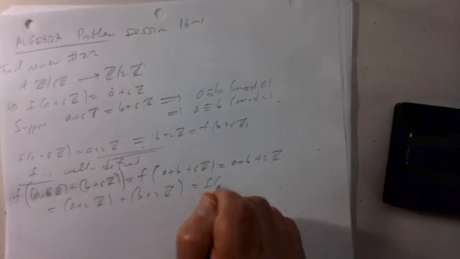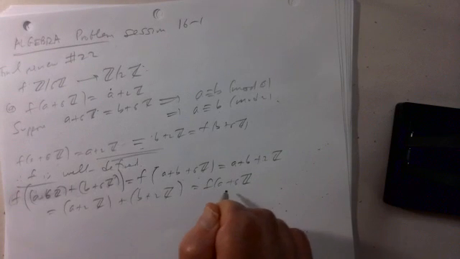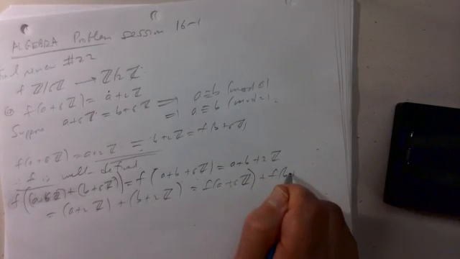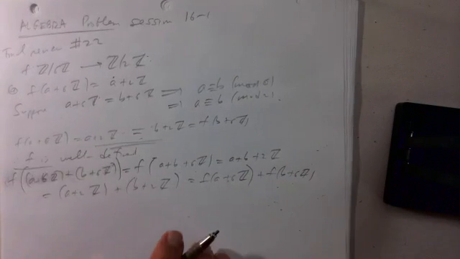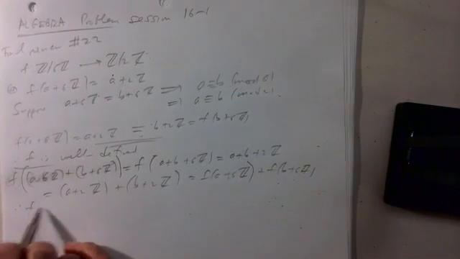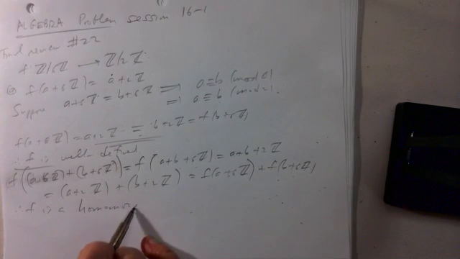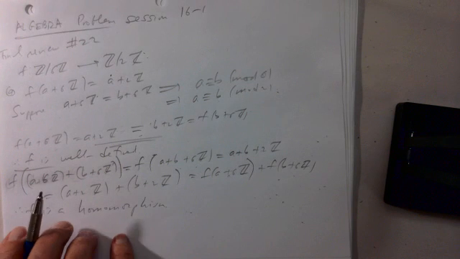So that's f of a plus 6Z, because that equals this, plus f of b plus 6Z. So therefore, f is a homomorphism.